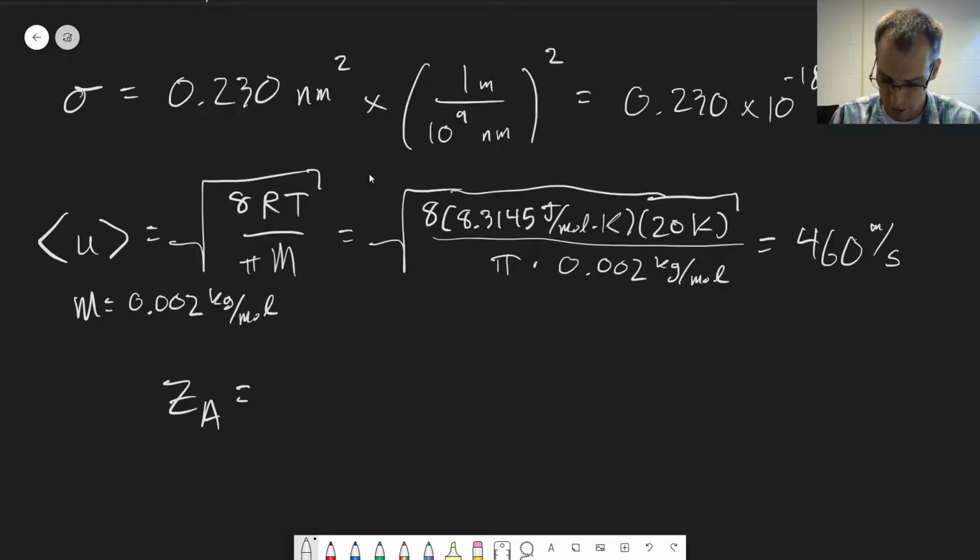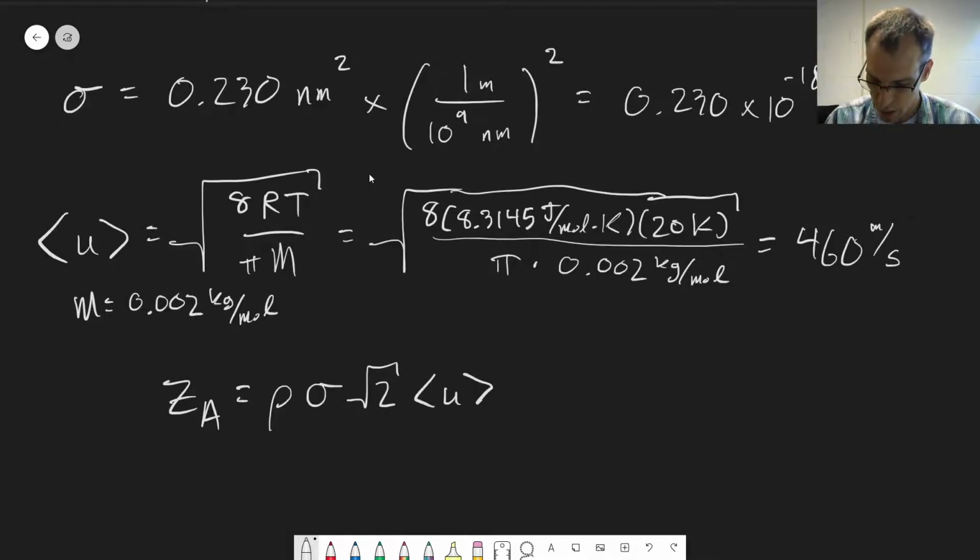ZA is given again by density times the collision cross-section times the square root of 2 times the average speed. All right, and so if we put all those numbers in that we have from above, so again, our density is 10 to the 12th per cubic meter.